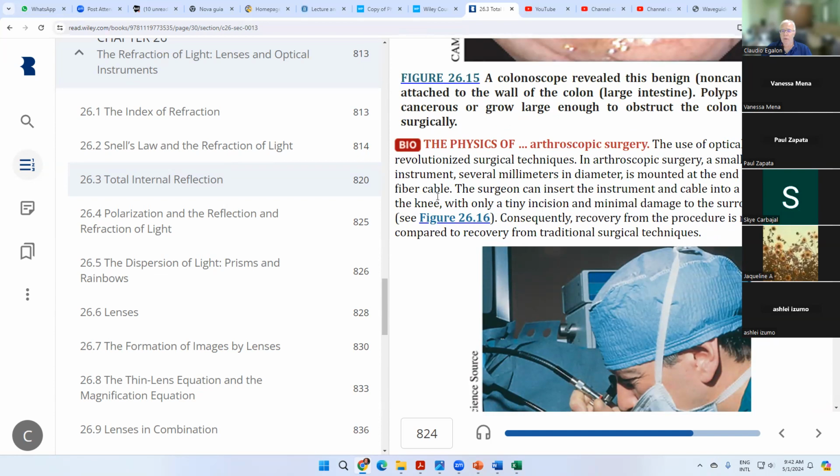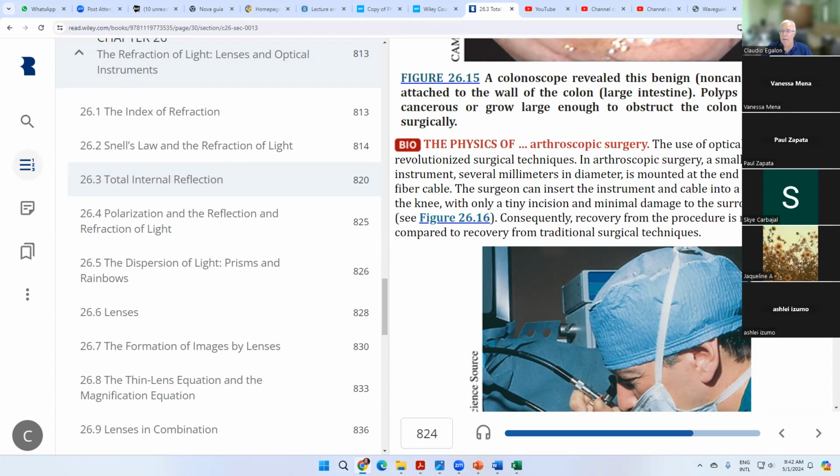Arthroscopy surgery uses a small surgical instrument, several millimeters in diameter, mounted at the end of an optical fiber cable. The surgeon can insert the instrument and cable into a joint, such as the knee, with only a tiny incision and minimal damage to the surrounding tissue.